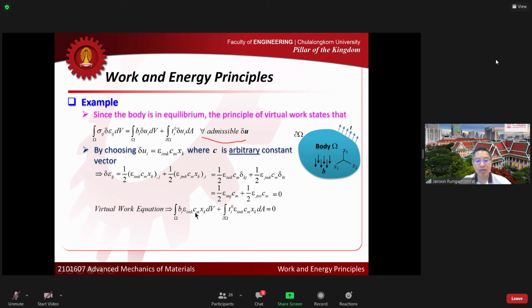And now if you take a look, Cm here is a common factor, it's constant, it can be pulled out from the integral, we get something like this. Again, if someone tries to say that I divide the whole thing by Cm and then I get the thing inside equal to 0, that is not correct because m here is the dummy index.